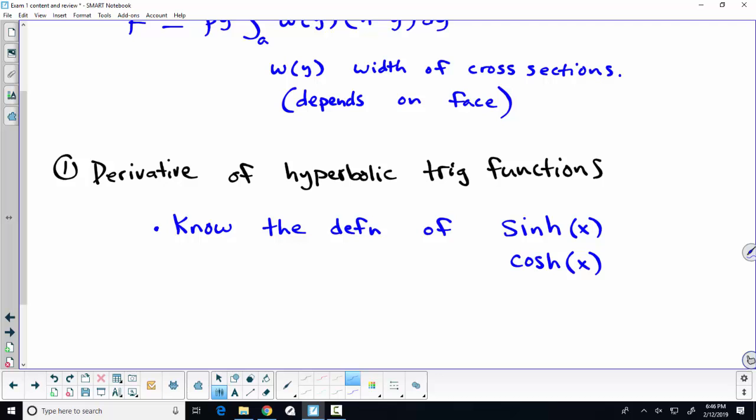And the derivatives for the three we mentioned in class: hyperbolic sine, hyperbolic cosine, and hyperbolic tangent. Just like in class, those could involve chain rules and other derivative rules too, but baseline, you need to know those three derivatives.